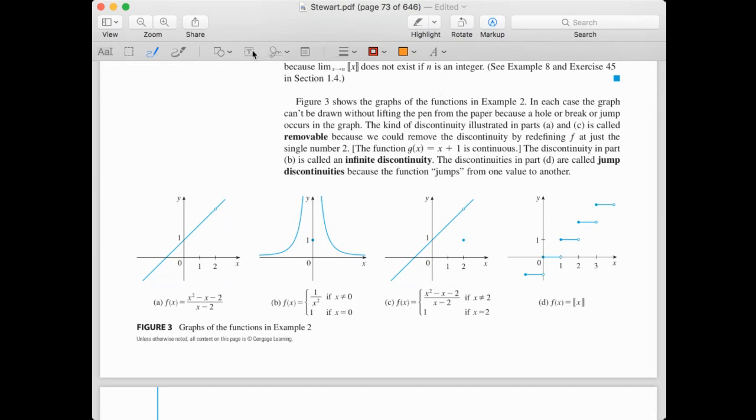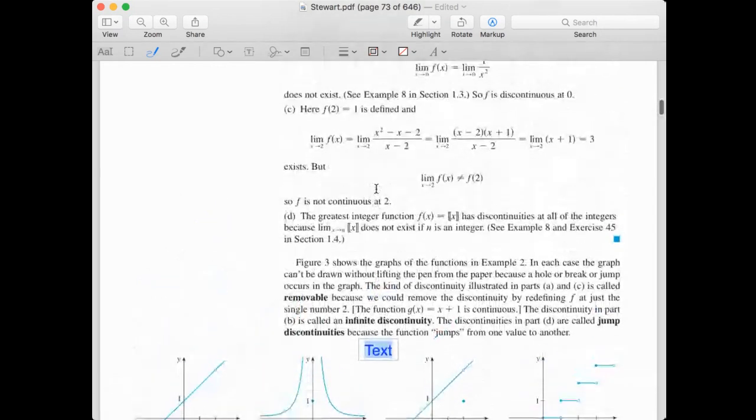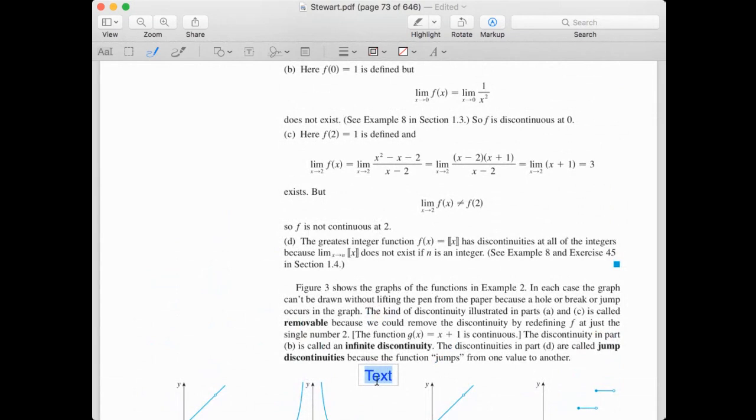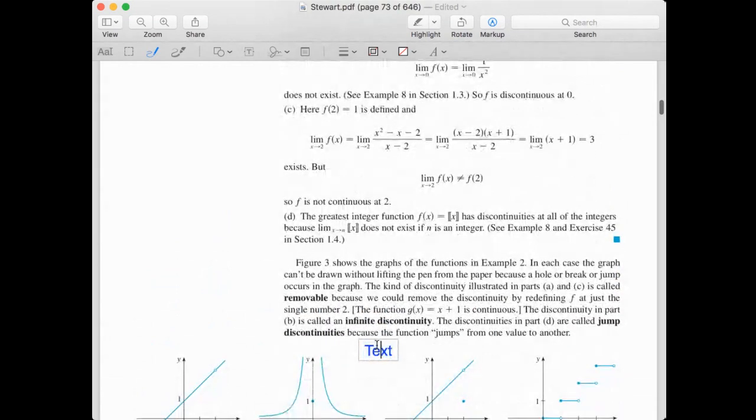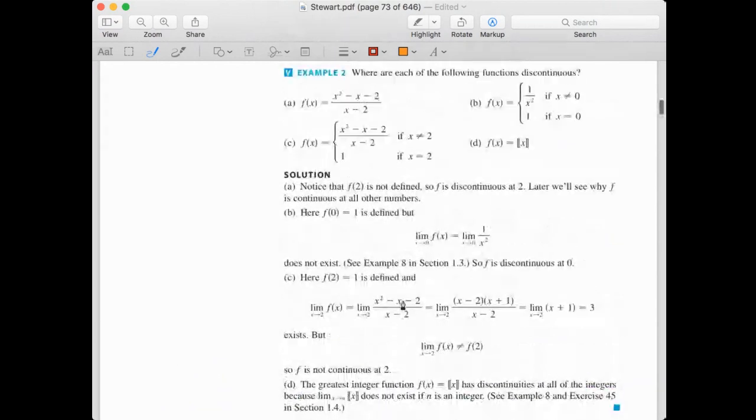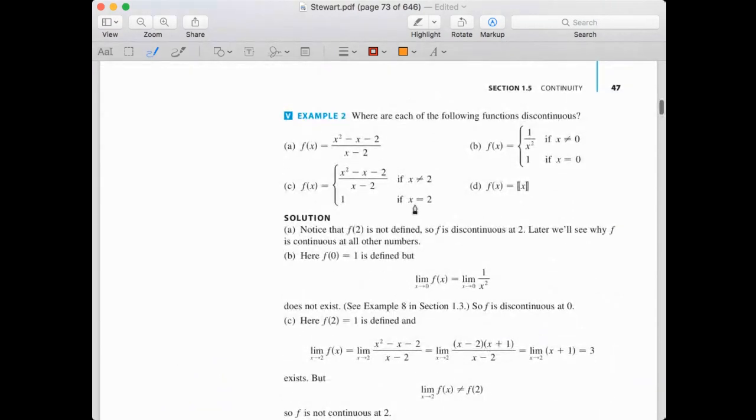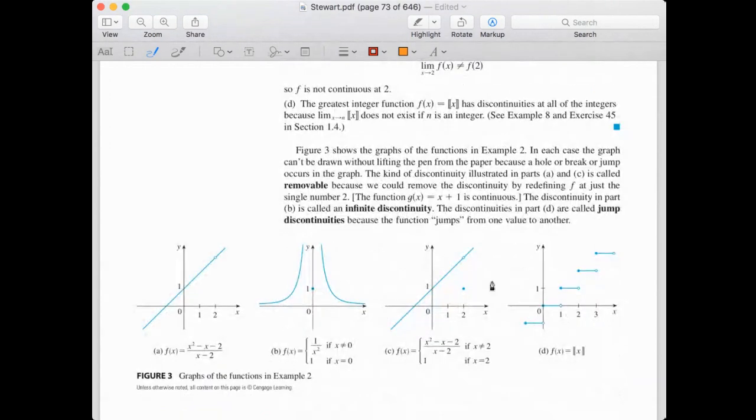But I would encourage you to think about this. What if I change the function a little bit? Sometimes in life, we ask, what if I change this? What if I change this one at x equals 2?